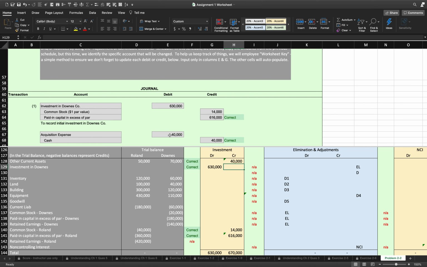And then this other 40,000 is an expense. You'll notice there's no expense or revenue items here. It's because what we're doing is looking at the impact of this consolidation, and the ultimate impact of an expense is a reduction in retained earnings. So from the point of view of the parent company, this is simply a reduction or a debit to retained earnings.